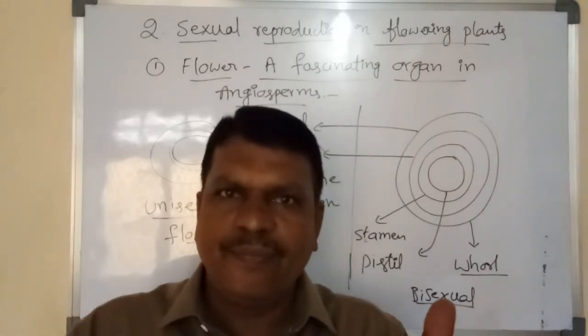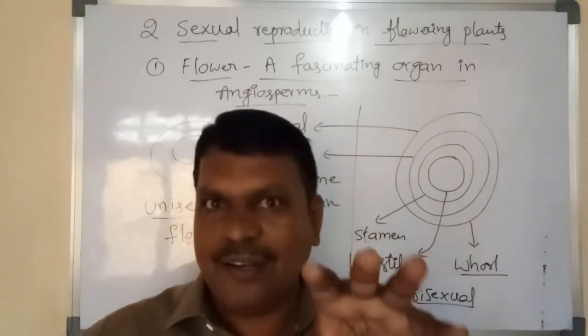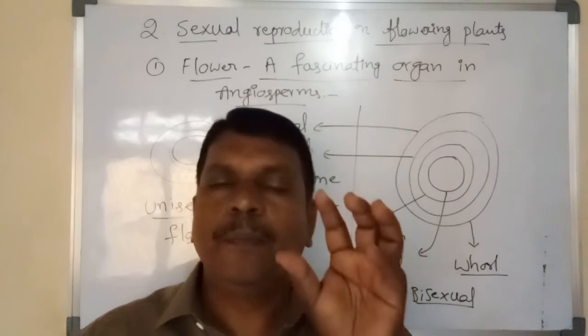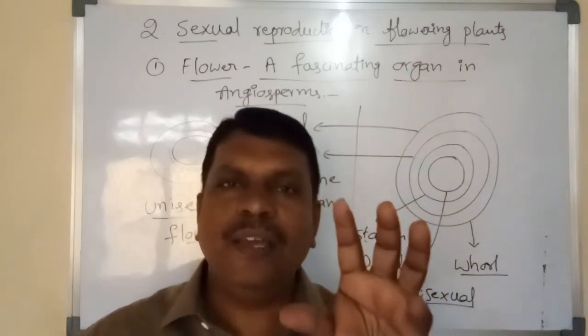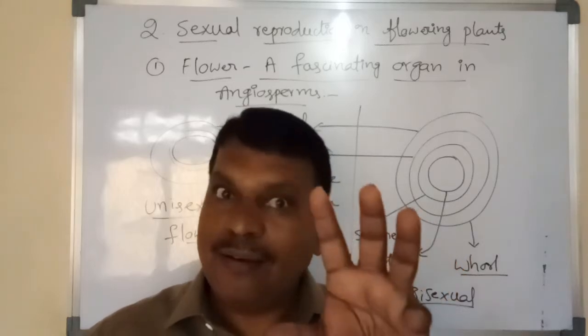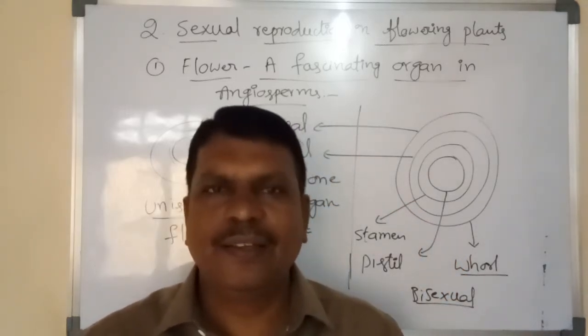Nectar means honey from the base of the ovary. At the same time, unexpectedly, pollination is also done by insects. Therefore, petals or corolla play a pivotal role in attraction of insects. Clear? Understood now?